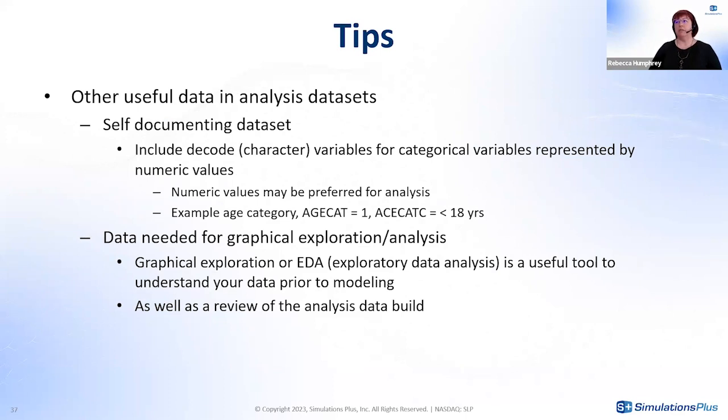If the age category is numerical, including an age category decode variable of AGECATC would make it very clear to the end user what the limits and ranges for each category were. There might be additional data in an analysis data set that's not included in the model, but is useful to have for graphical exploration or to assist in the review of the data set.